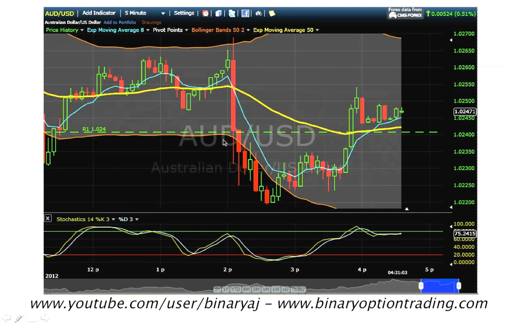It broke through this resistance pivot level, and it just fell down, and it didn't come back in for quite a while. Considering that this is a 5-minute chart, this took a good chunk of time to get to that point between 2 p.m. and 3 p.m. So again, just a word of warning: pay attention to your market conditions.